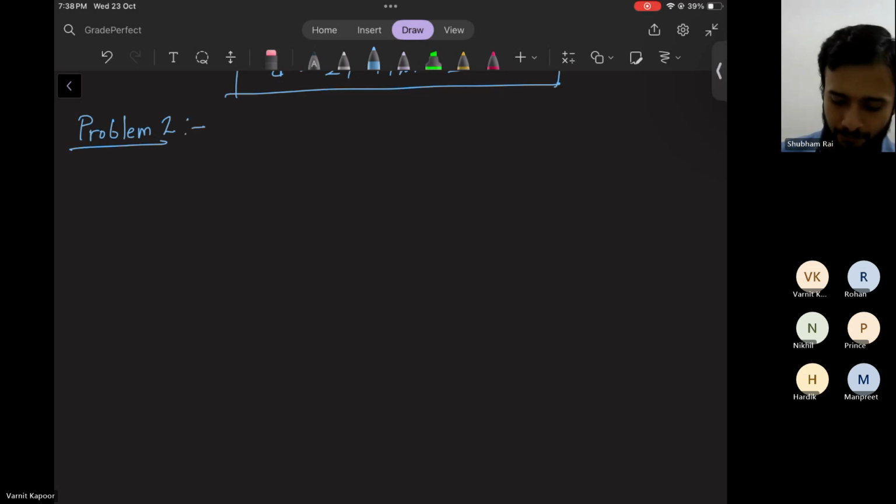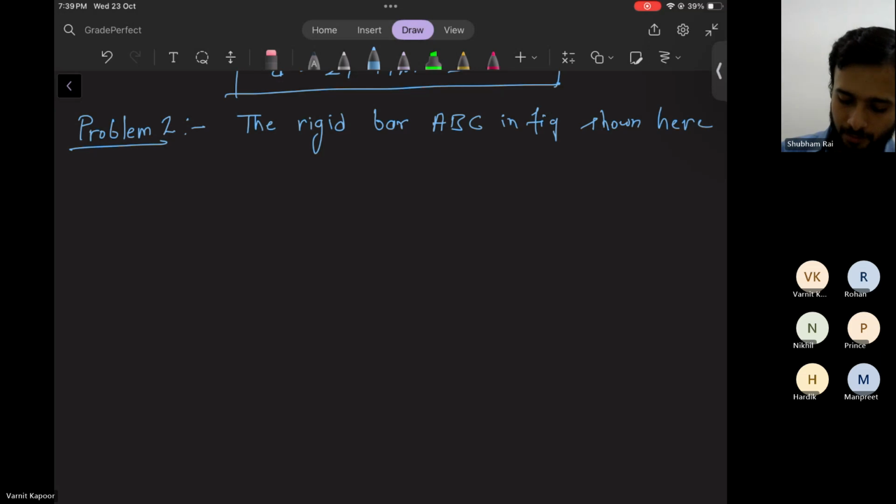It says the rigid bar ABC, I'll draw the diagram, don't worry, in the figure shown here is pinned at B. So there is a rigid bar which is pinned at point B and attached to two vertical rods.